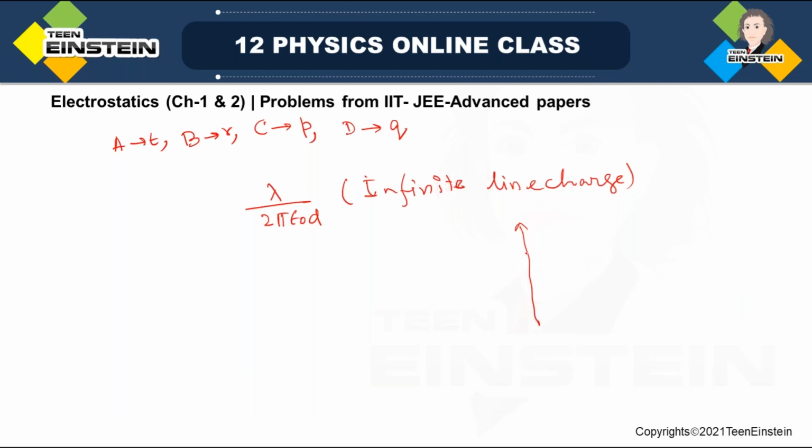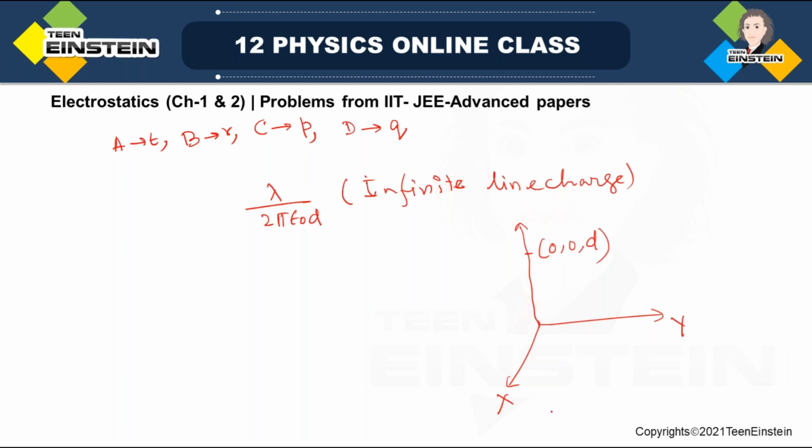The point where we are finding out electric field is 0 0 and D. Say this is the origin, this is x-axis, this is y-axis.